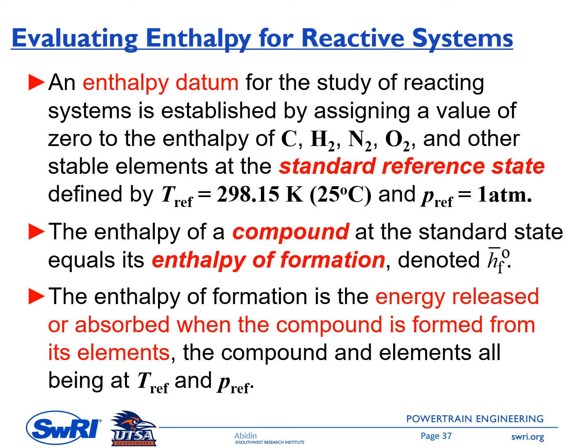And then the enthalpy of a compound at the standard state equals the enthalpy of formation, denoted by h_f with a degree sign. So the enthalpy of formation is the energy released or absorbed when the compound is formed from its elements, the compound and elements all being at T_ref and P_ref. So this is the definition of the enthalpy of formation.